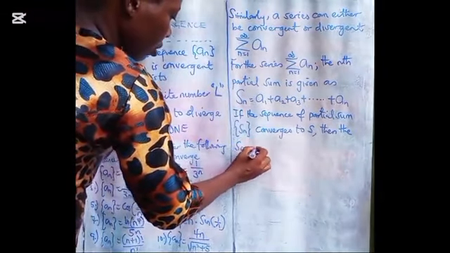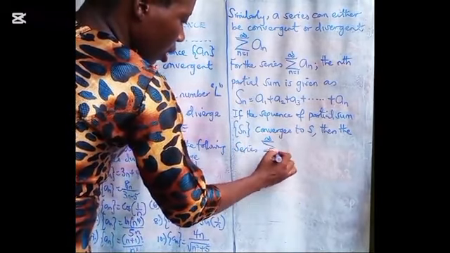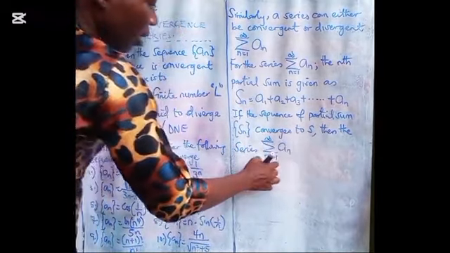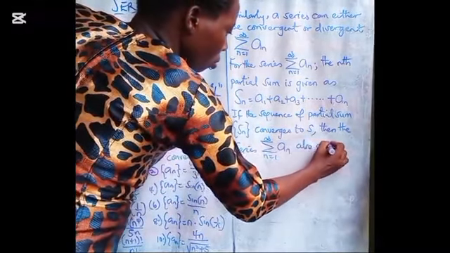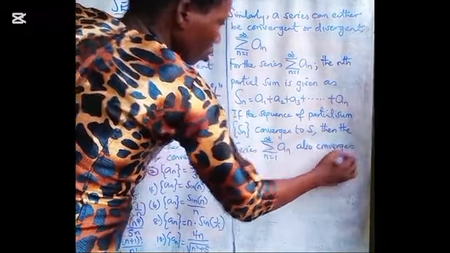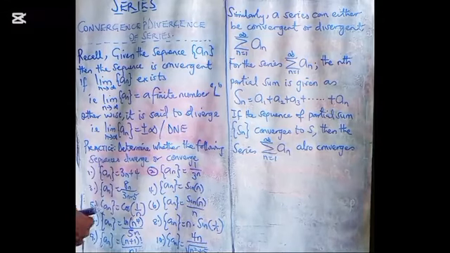Then the series, which is summation A sub n as n moves from 1 to infinity, also converges. And this means that what?